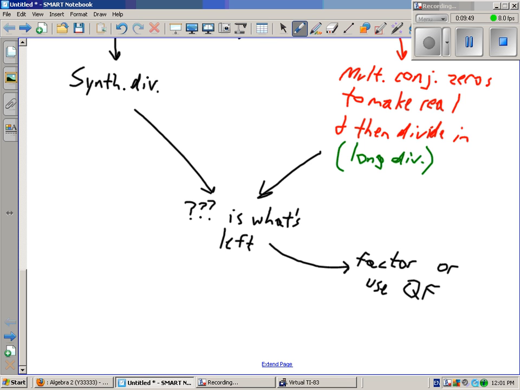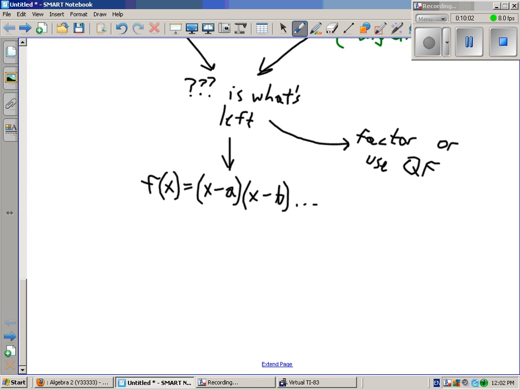That's going to give you that, and you list it out. F of x is equal to x minus your first 0, x minus your next 0, and so on and so forth once you have them all done. And you're finished.